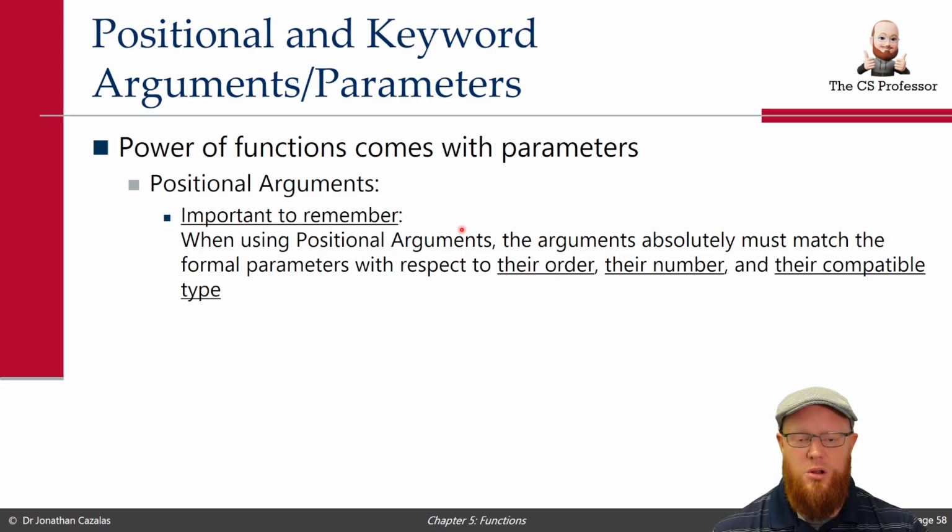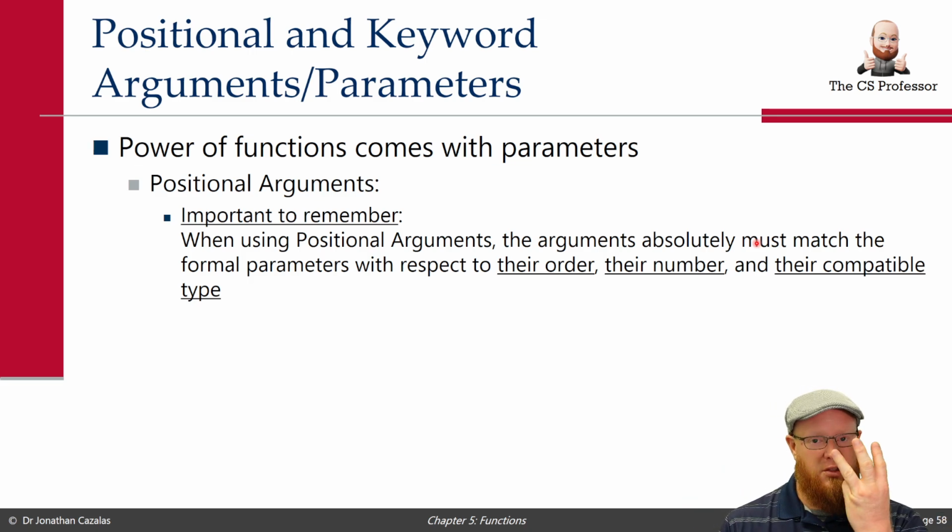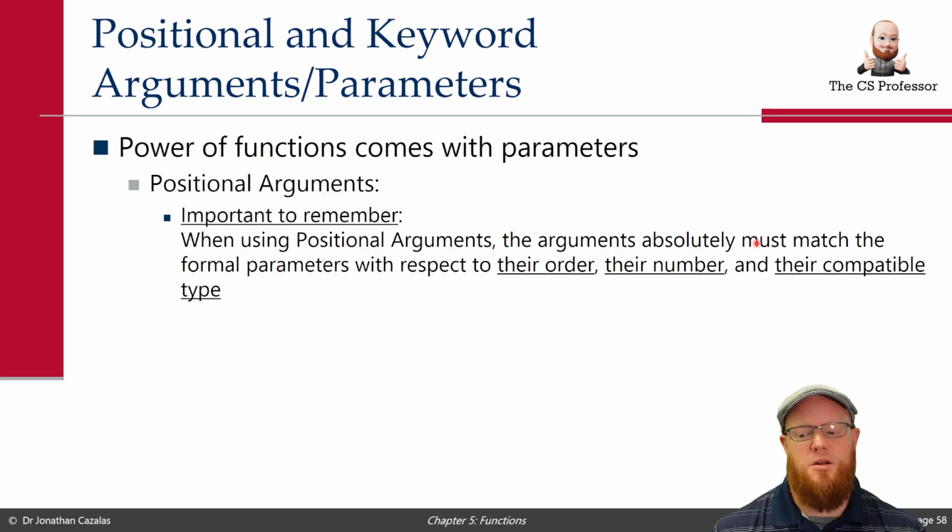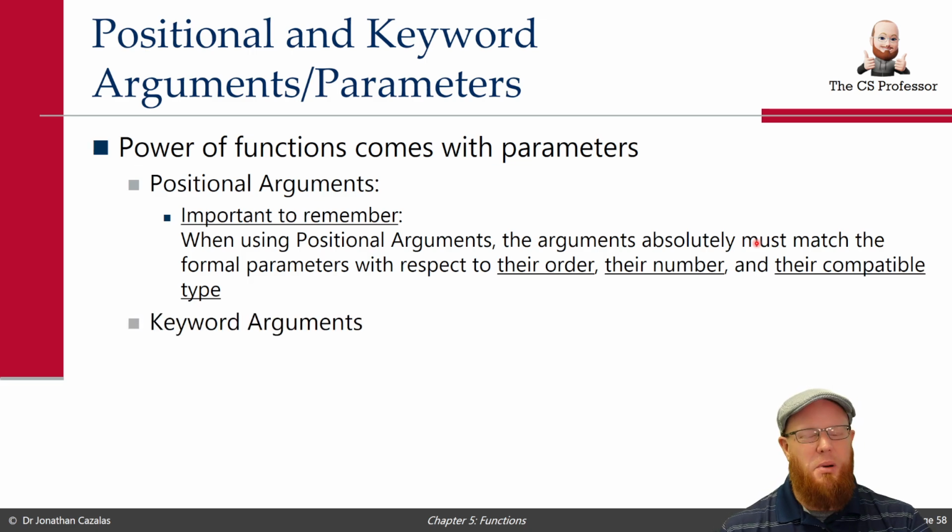So for positional arguments, which is what we've been using thus far, the arguments must absolutely match, meaning the actual parameters must perfectly match the formal parameters with respect to 3 things: their quantity, the order of them, as well as their compatible type.